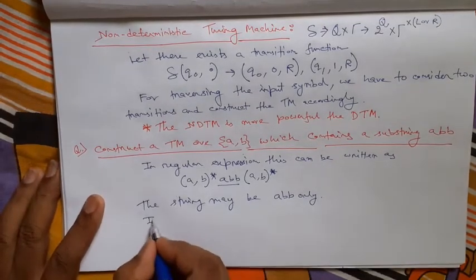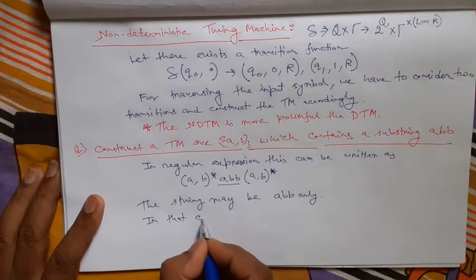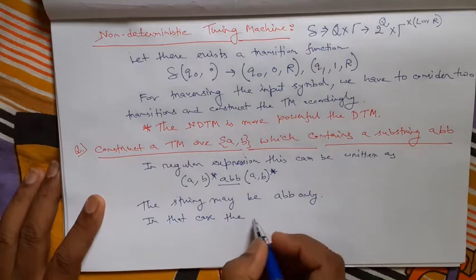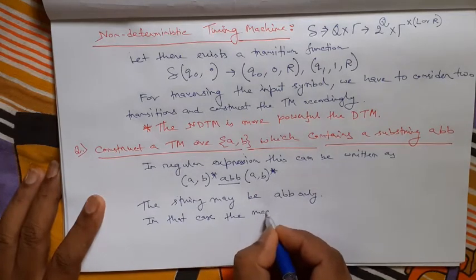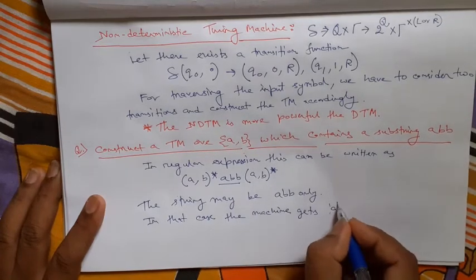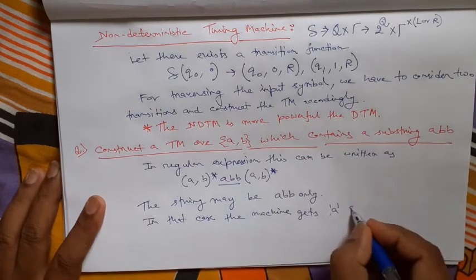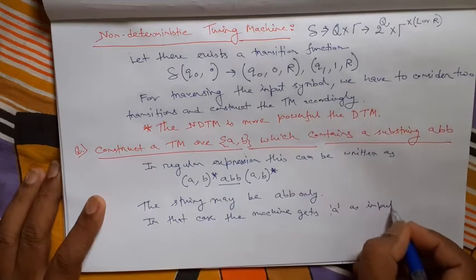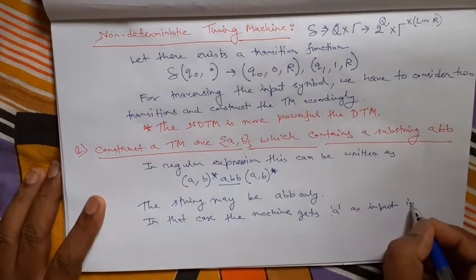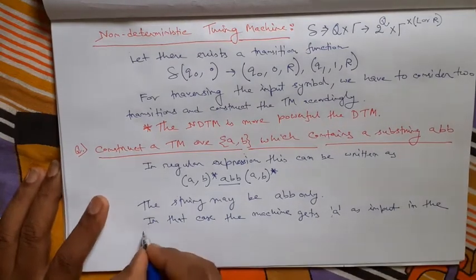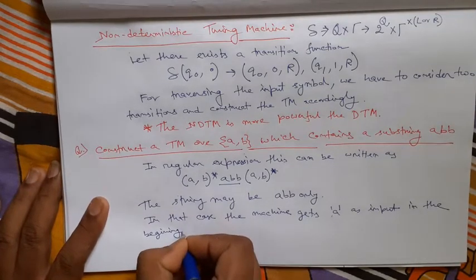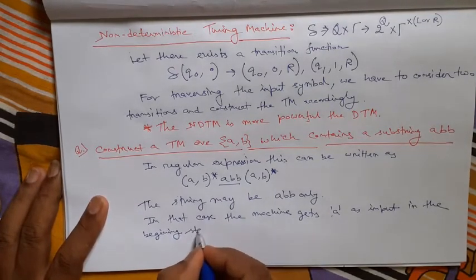In that case, the machine gets a as input in the beginning state.